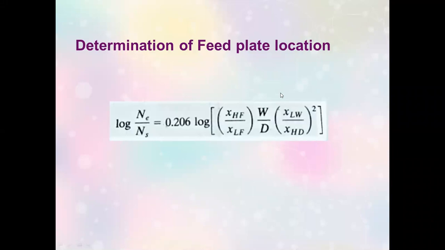So actually, knowing one value here is already connected to the rest of the questions that might be asked from you. It's just that you have to recall the principle behind where the feed plate is located. I have mentioned several times in the recording that the feed plate is part of the stripping section.